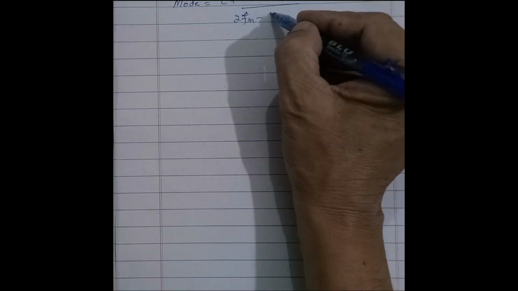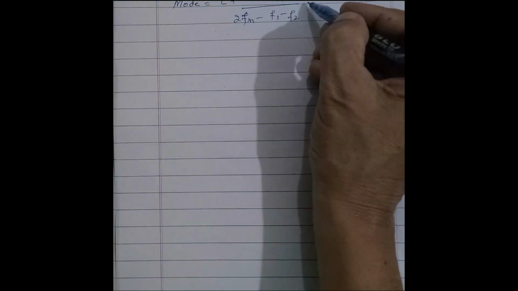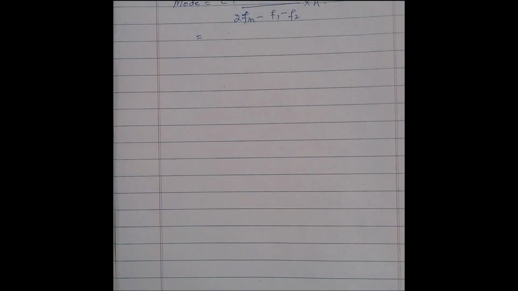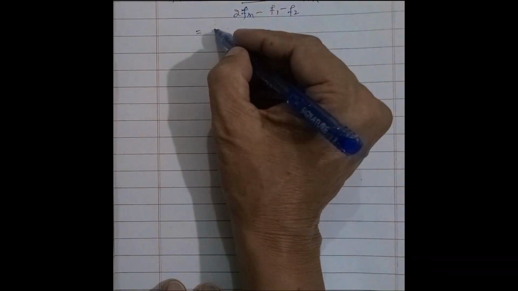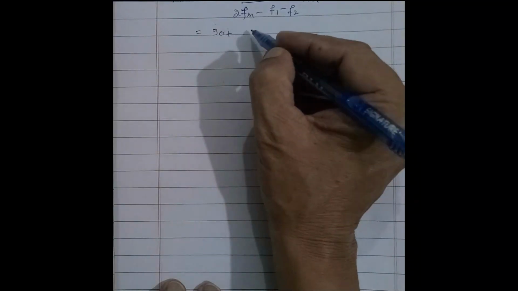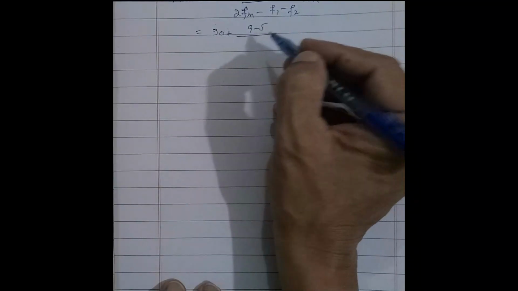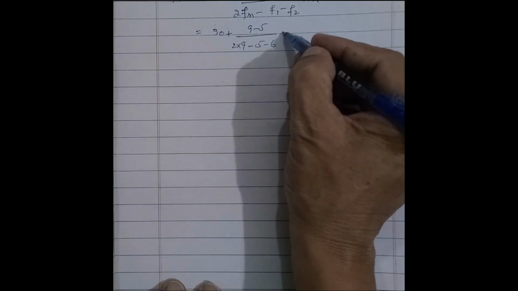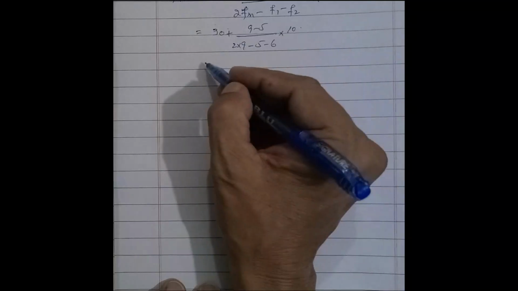Now the mode, whose formula is L plus Fm minus F1 over 2Fm minus F1 minus F2 multiplied by H. Now we put the values of L, Fm, F1, F2 and H to find the value of mode. It is 30 plus 9 minus 5 over 2 into 9 minus 5 minus 6, into H is 10.